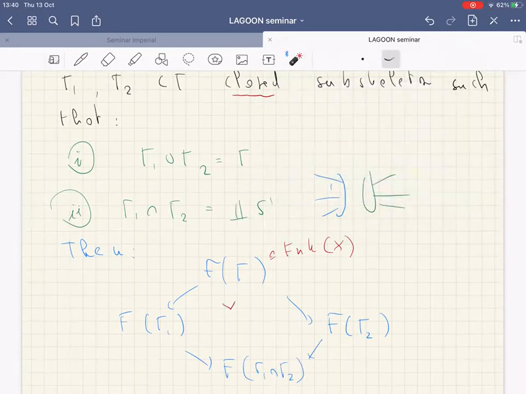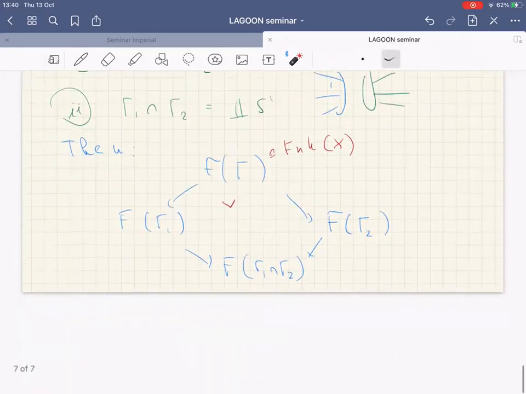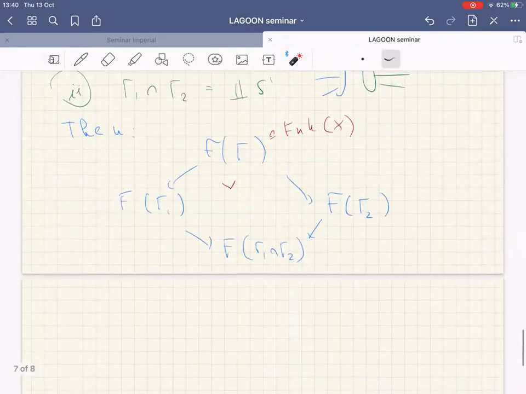So the first thing, of course, is that one needs to define these restrictions. Remember, F is either a sheaf or a co-sheaf of categories, so it's part of its features as a sheaf that I have restriction functors to closed subspaces. One needs to construct these restrictions, and then one proves that one has this fiber product.